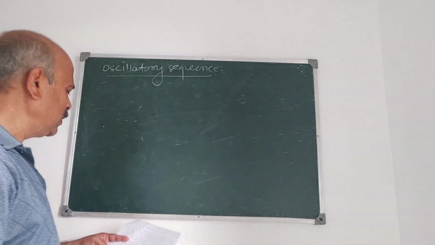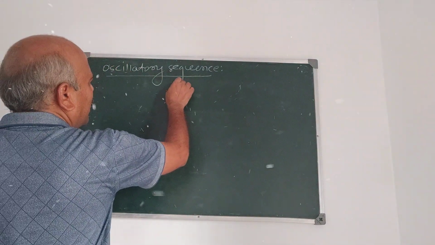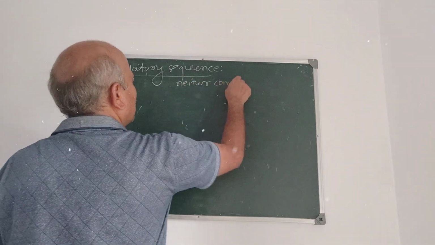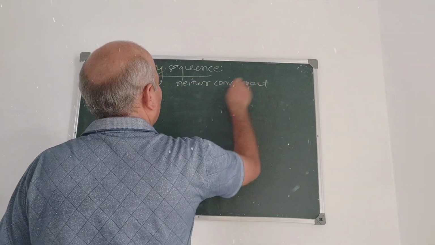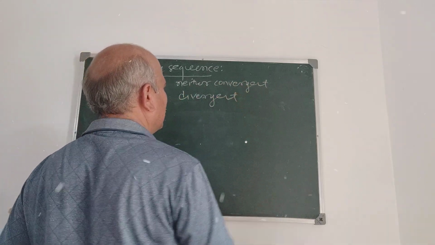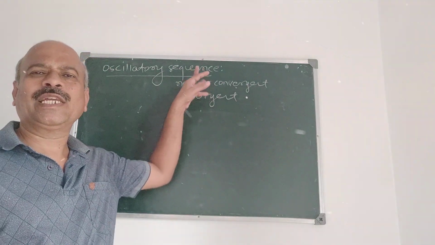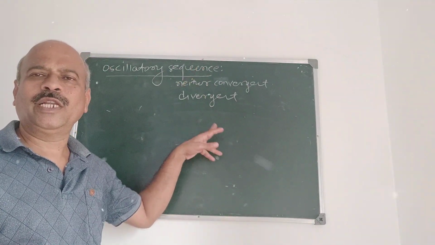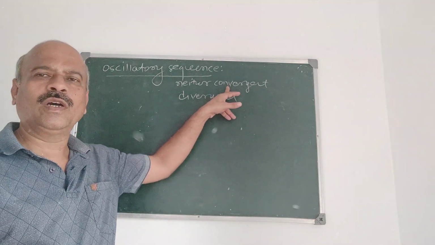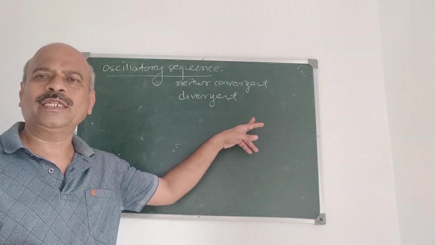Oscillatory sequence means a sequence is said to be oscillatory if it is neither convergent nor divergent. So we have convergent sequences, divergent sequences. You know the definition. But some sequences neither converge nor diverge. They are said to oscillate.